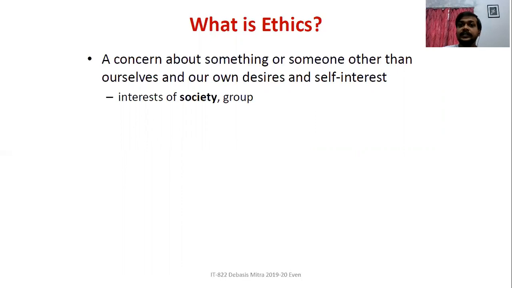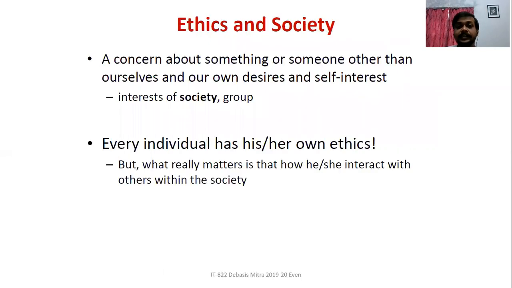Your every act should be acceptable. What do you mean by acceptable? Acceptable comes from a social consensus that develops over time. It's true that every individual can have his or her own ethics, but what really matters is how he or she interacts with other stakeholders of the society.